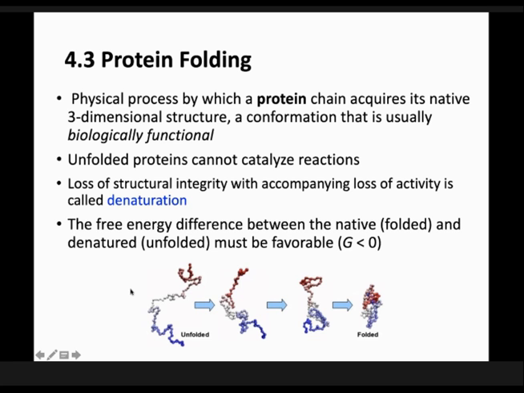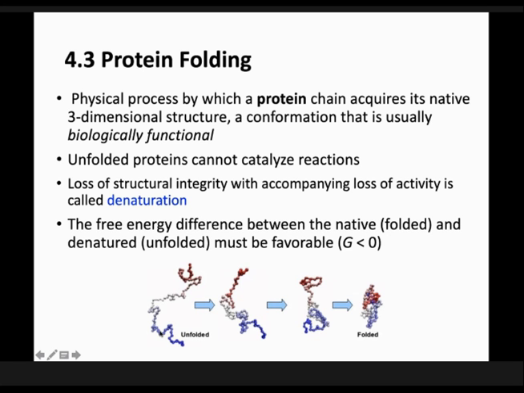When you have a folded protein and you disrupt all the interactions of hydrogen bonds, ionic interactions, disulfide bonds, that is denaturation. When you disrupt the folding, the protein is not functional anymore. The classic example is when you cook an egg. The protein from the egg, with the heat, you disrupt the protein itself, okay?